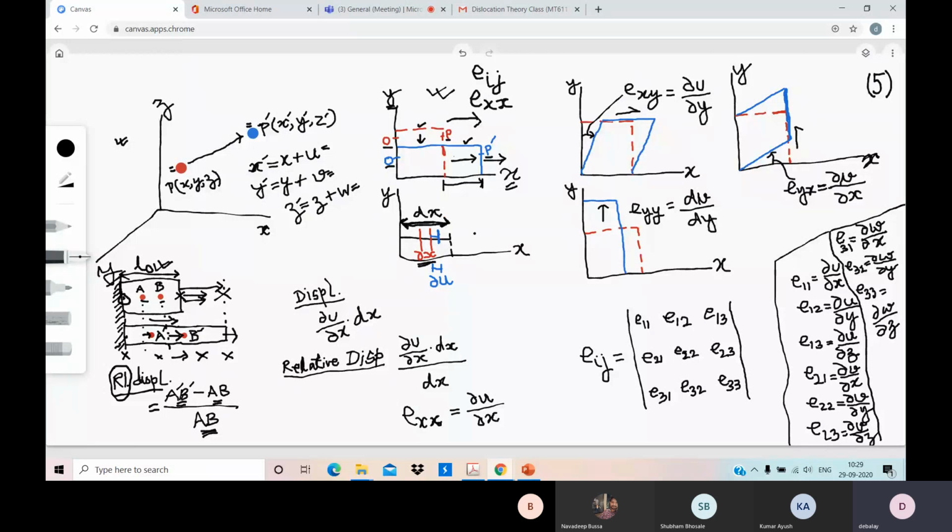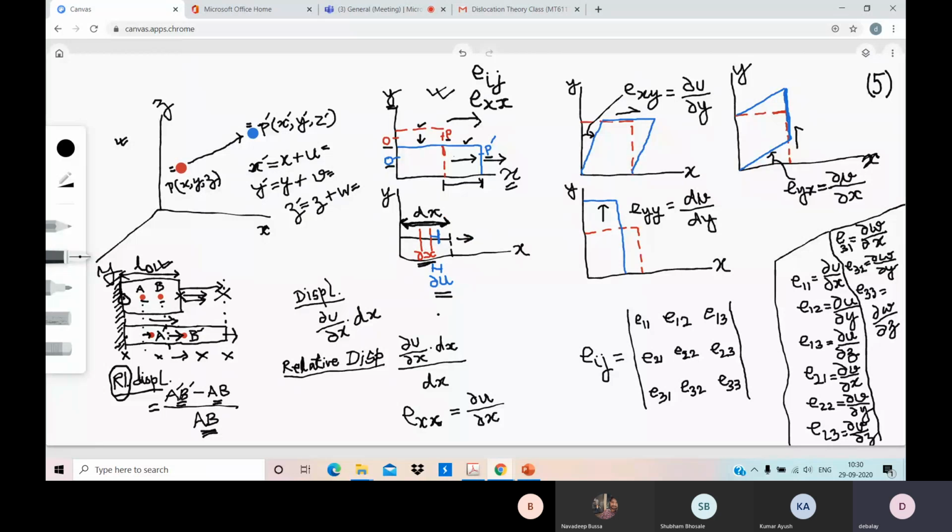And suppose I am stretching, and as a result this delta x length is getting extended by a small amount delta u. So the displacement happening with respect to the small length delta x is delta u.